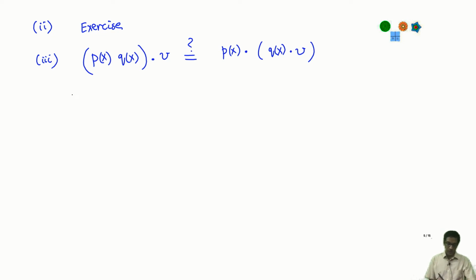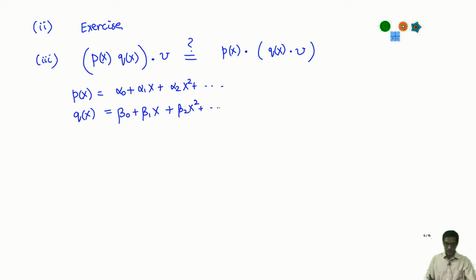So what is p into q? Now this involves multiplication in my ring of polynomials. So remember, p(x) is alpha 0 plus alpha 1 x plus alpha 2 x squared and so on till some finite point. q(x) looks like beta 0 plus beta 1 x plus beta 2 x squared and so on. Now their product p(x) times q(x) is computed as follows.